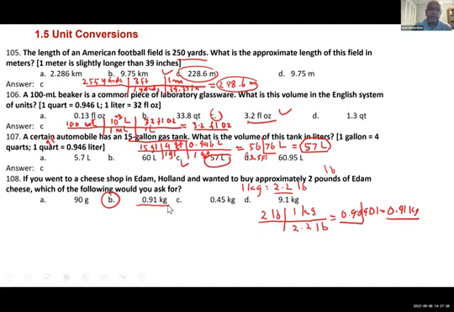You start with 2 pounds. The conversion factor is 1 kilogram is equal to 2.2 pounds. I remember that 1 kilogram is 2.2 pounds. So that has 0.91. So I got the answer here.